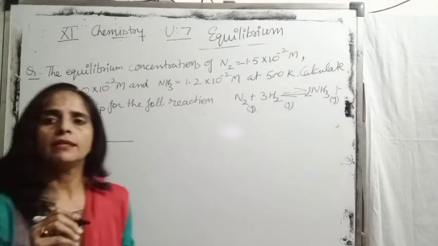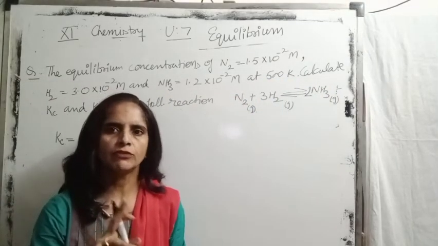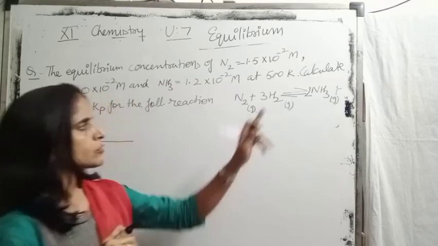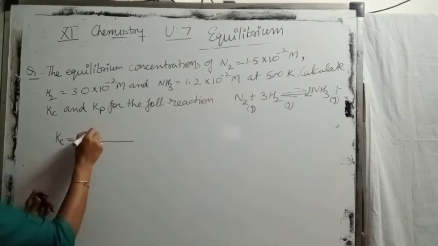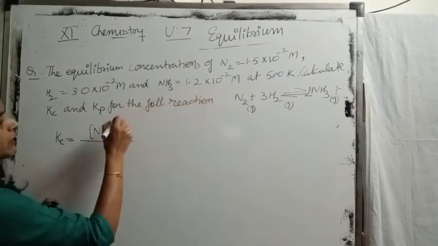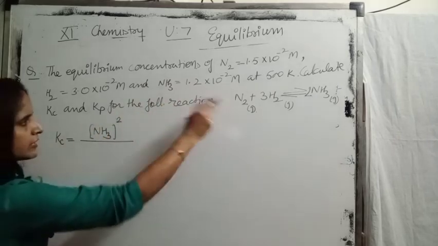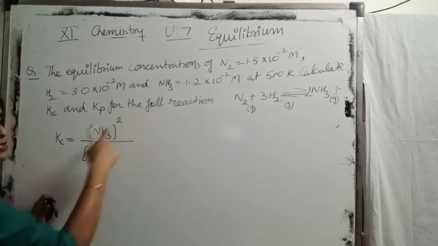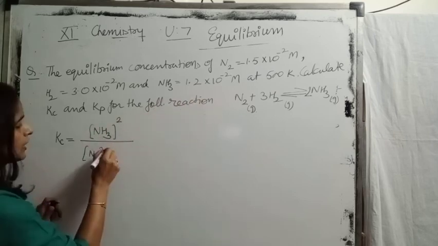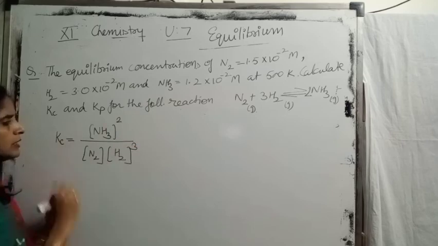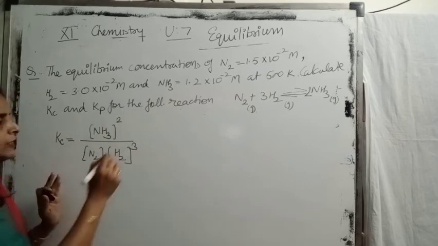Children, please remember, never ever write the formula for Kc for an unbalanced equation. So the product of the reaction is NH3. So molar concentration of NH3 raised to the power 2 divided by molar concentration of reactants, nitrogen raised to the power 1 into hydrogen raised to the power 3. So this is the formula of Kc.